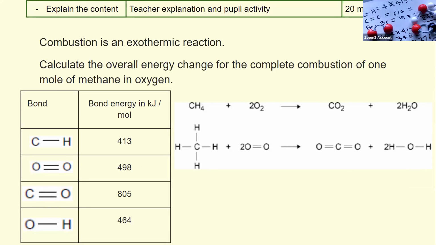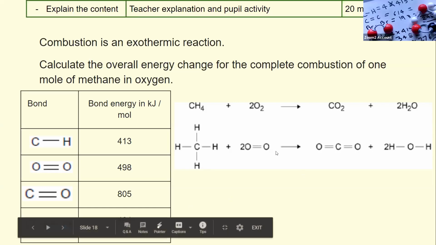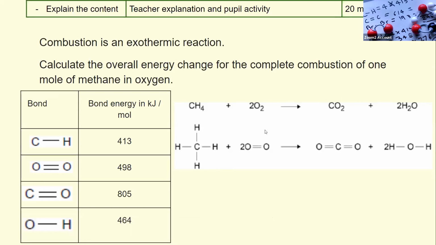Those who are saying they don't understand, break it down. Have you got exothermic and endothermic reactions understood? So do you understand that energy is taken in to break the bonds? So energy is needed to break these bonds. And then energy is released when we make these bonds. If you've understood that bit, say yes for us.